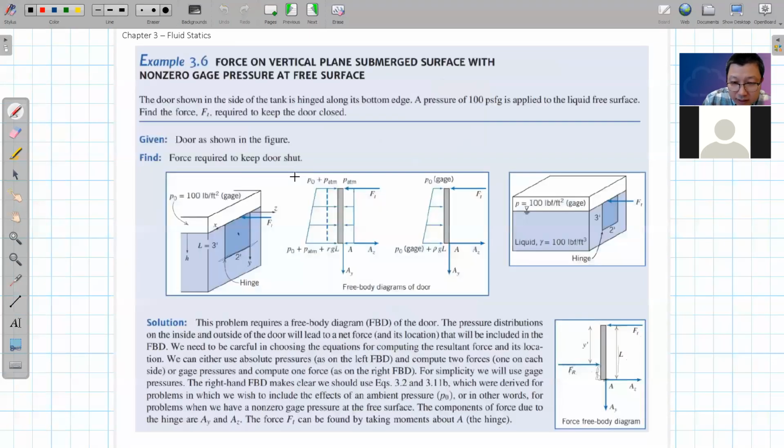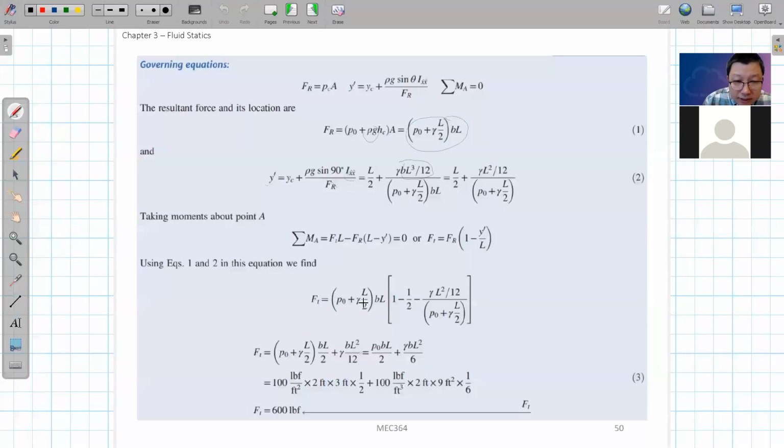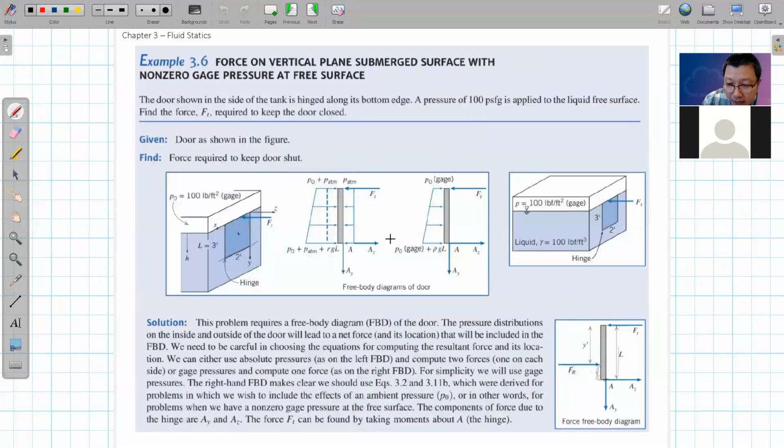And now we do this moment balance to calculate this F_T, because this F_T times L should be equal to this F_R times L divided by Y prime. This is Y prime, so this is L. So L divided by Y prime will be this distance here.